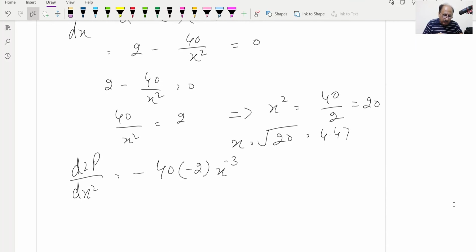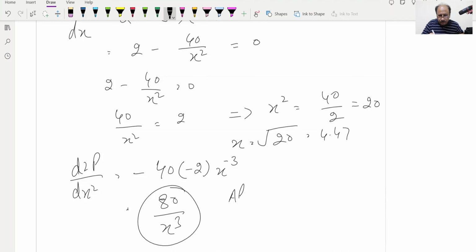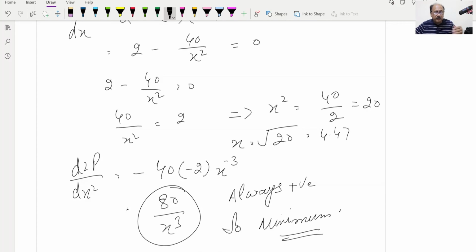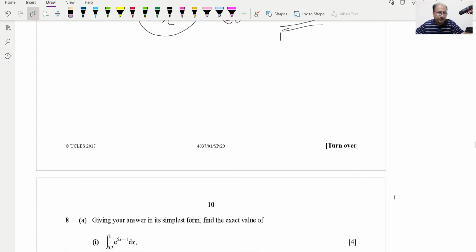Why will it always be positive? Because this results in 80 over x cubed, and this value will always be positive. This is a positive value, right? So always positive, so a positive value results in a minimum.